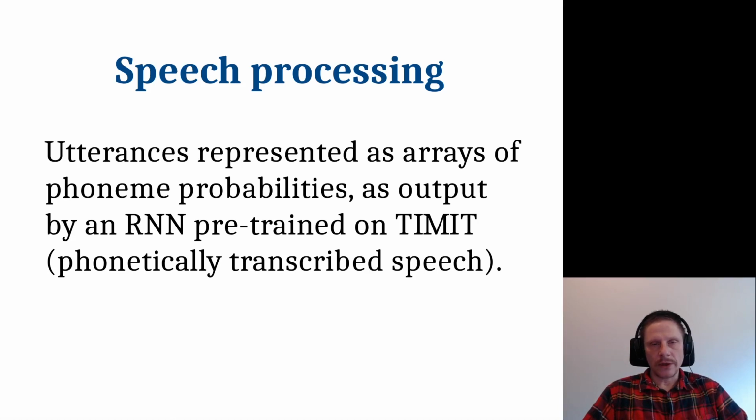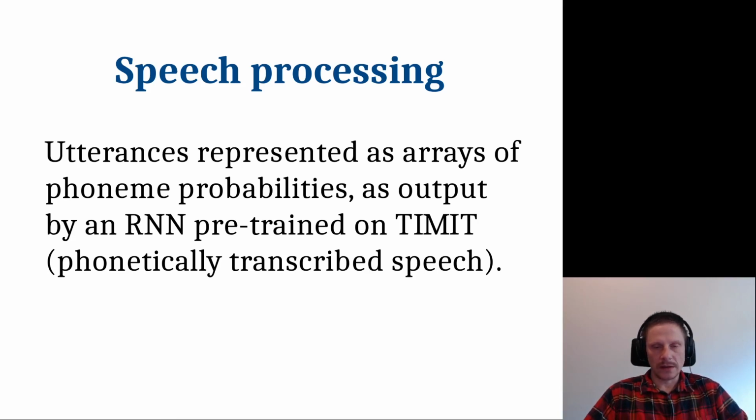One important thing to mention with regards to this model is that the utterances are actually pre-processed already before they are given to the CELL model. They are represented as arrays of phoneme probabilities, and these are output by a recurrent neural network, which is pre-trained on a dataset of phonetically transcribed speech known as TIMIT.